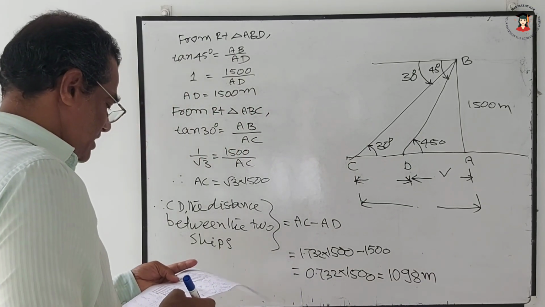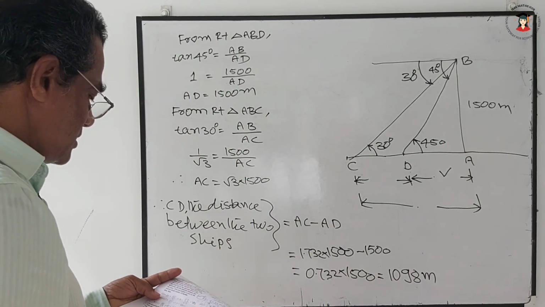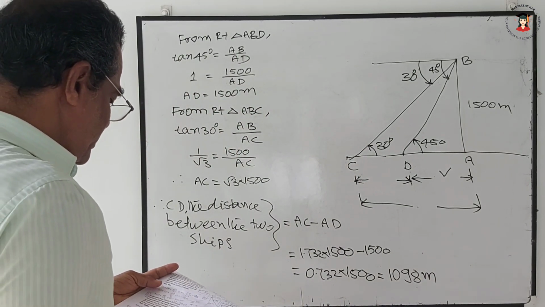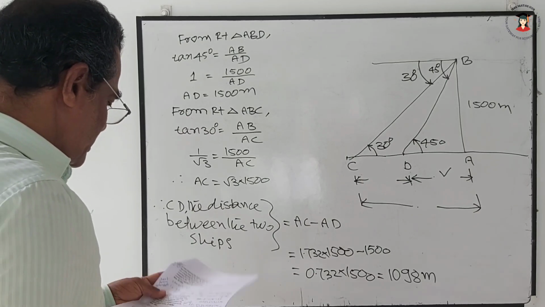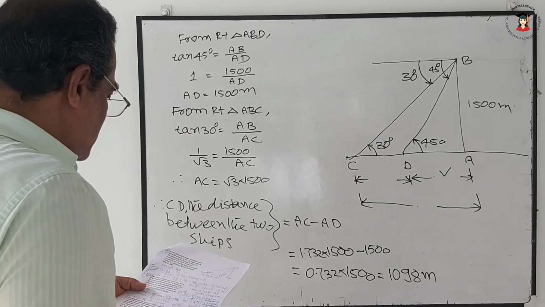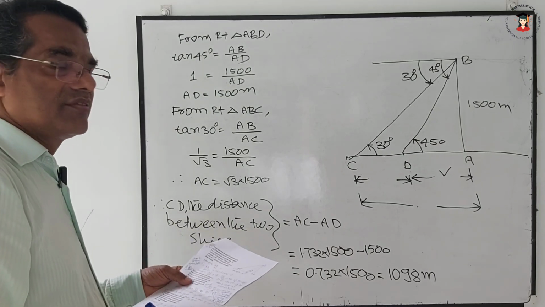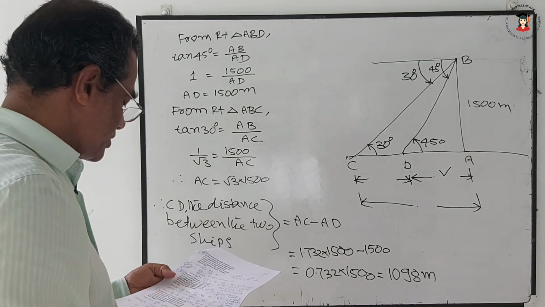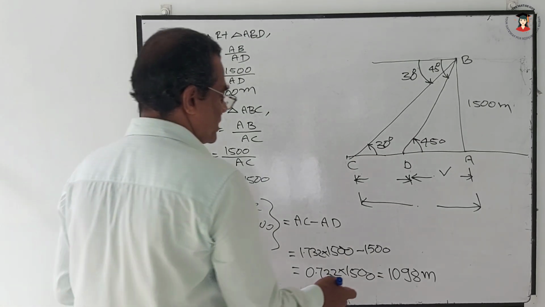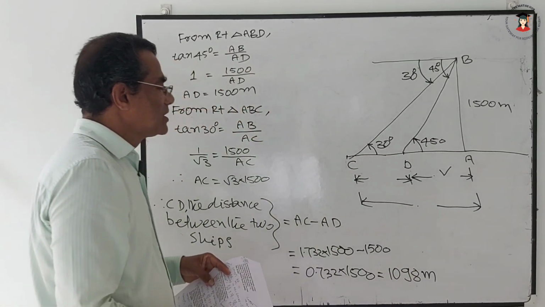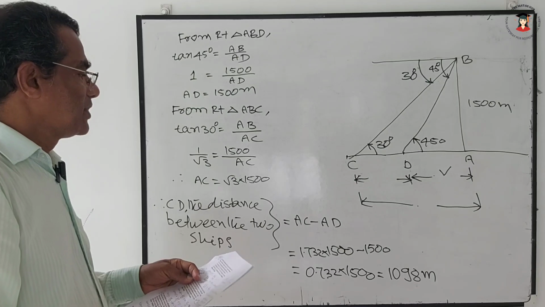So here we are asked to find the distance between the two ships. Nothing is mentioned whether to the nearest meter or correct to some significant figures. Nothing has been mentioned. So we obtained the answer as 1098 meter.